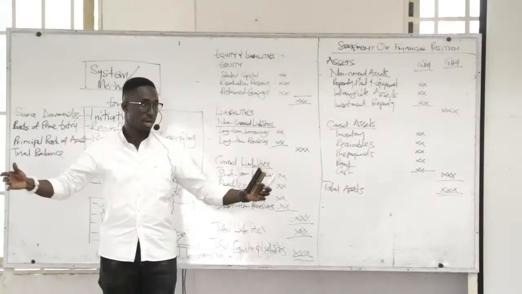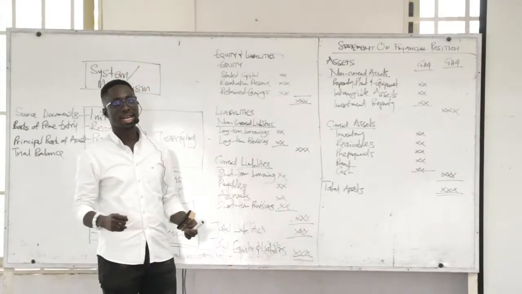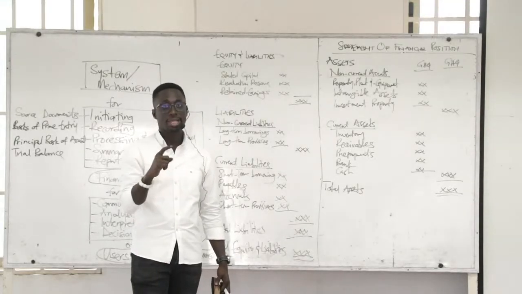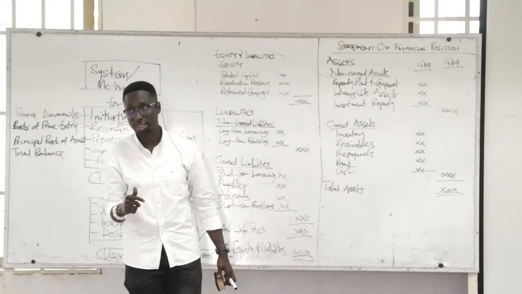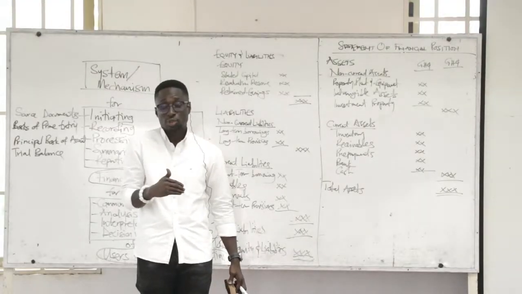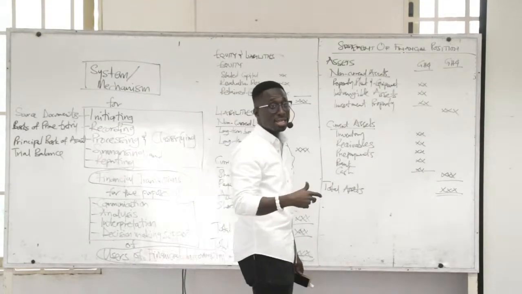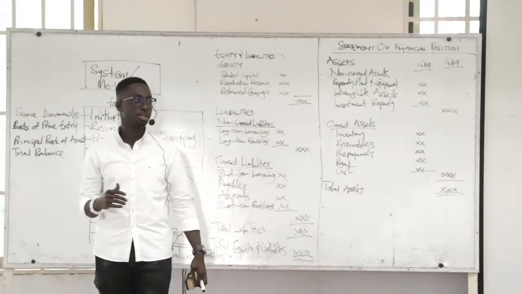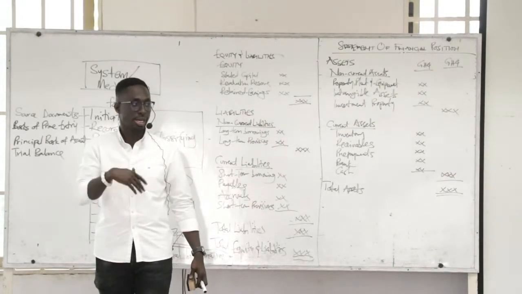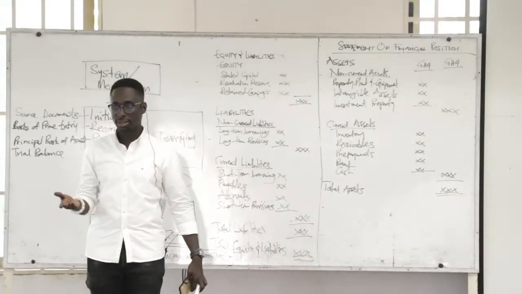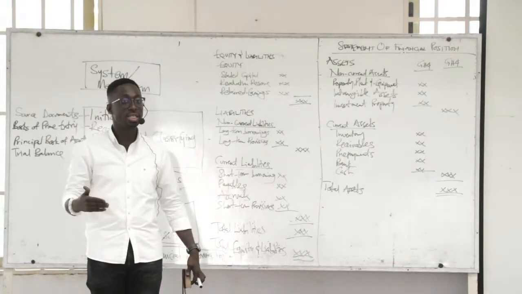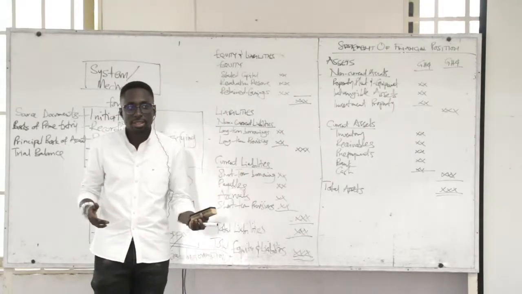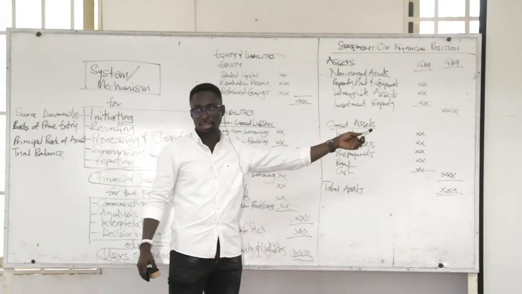If the realization or use of that current asset is expected within the next 12-month period, it is current. It will be non-current if its settlement is expected beyond the next 12-month period. So that's how we have what is current and non-current assets.